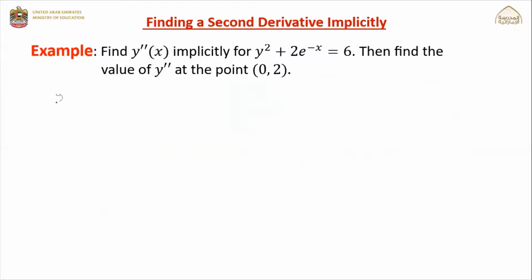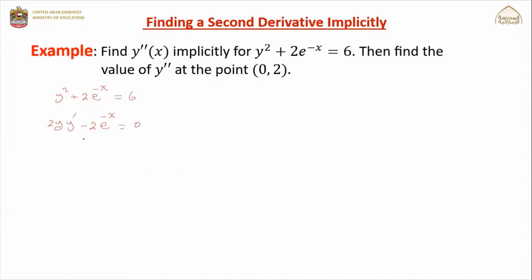The equation is y squared plus 2e to the power negative x equals 6. The derivative of the left side: the derivative of y squared is 2y y prime. Don't forget, using the chain rule. The derivative of 2e to the power negative x is negative 2e to the power negative x, and the derivative of the right side is 0.